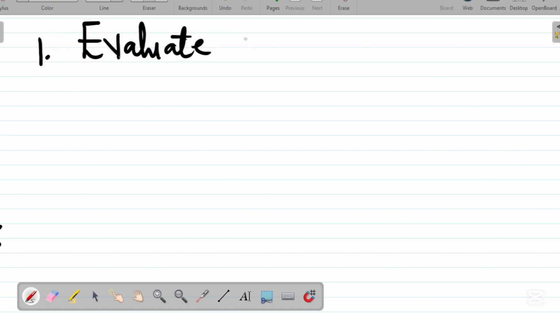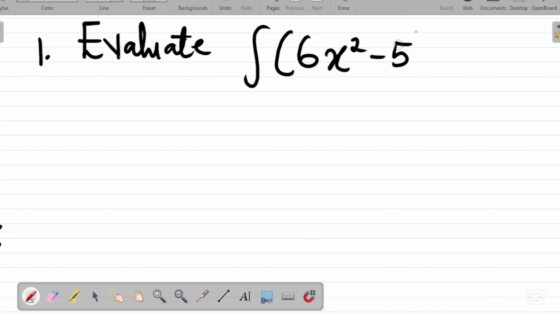Let's solve question 1. It says, evaluate the integral of 6x squared minus 5 dx.